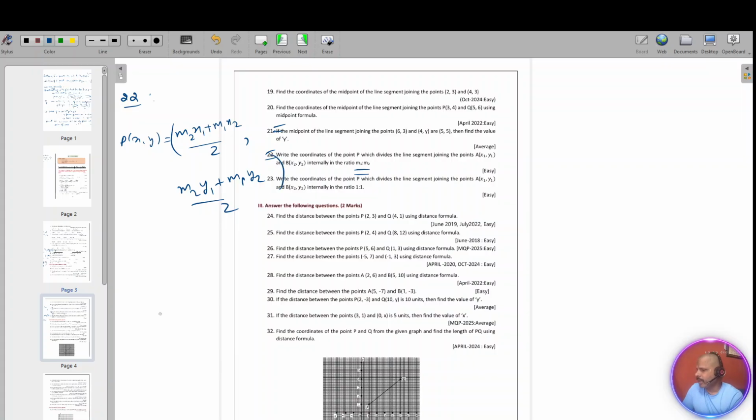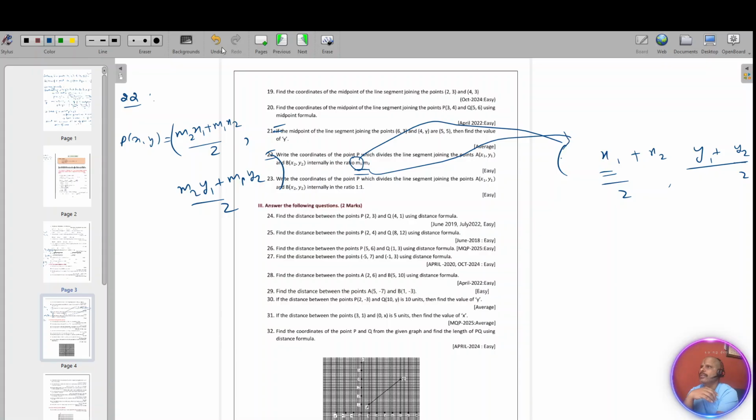Very important. How do you remember? First, you write x1 plus x2 by 2. Give a gap, y1 plus y2 by 2. When x1 is there, you write the first part of the ratio. Okay. For x1, sorry, second part of the ratio.